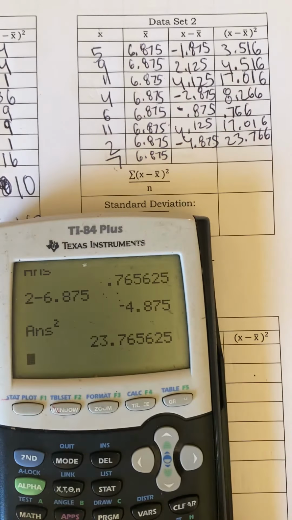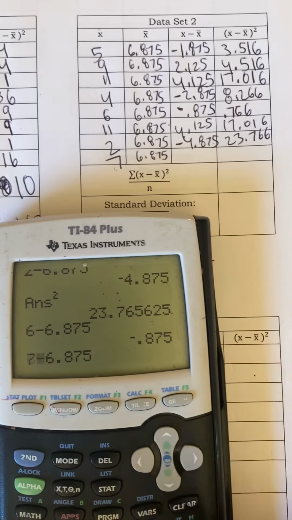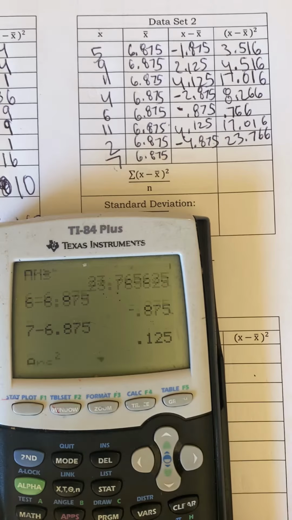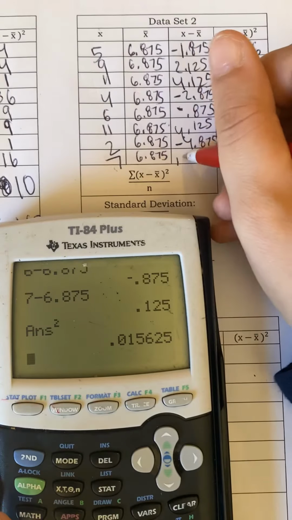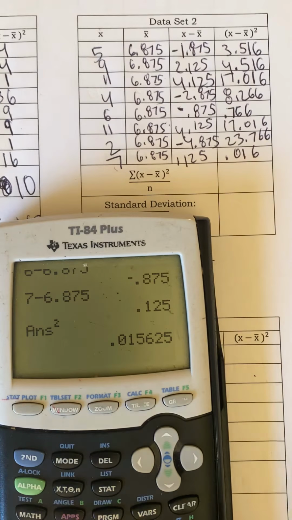And then 7 minus 6.875. Oops, I did that wrong. Squared. That gives me 0.016.